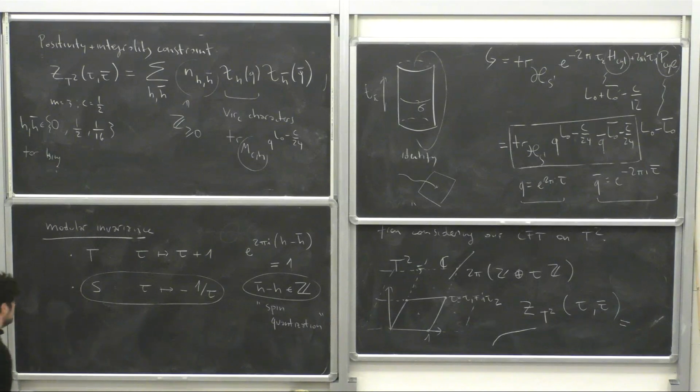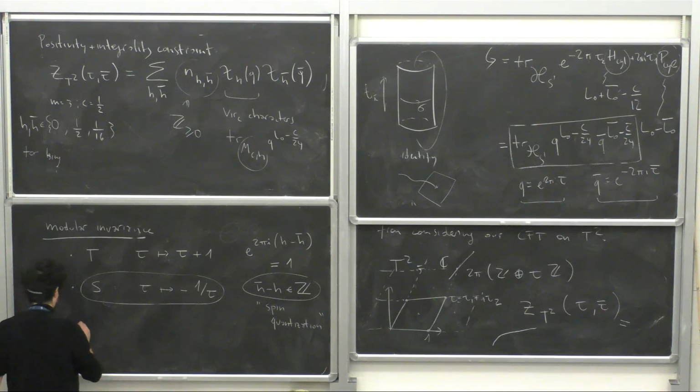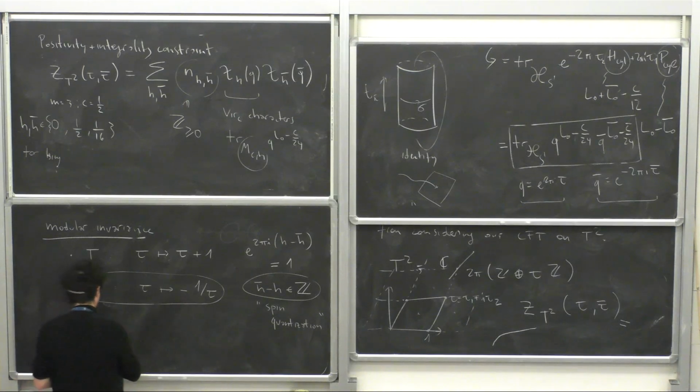The idea here is that we use the fact that we know how the Virasoro characters transform with respect to the tau transformation.